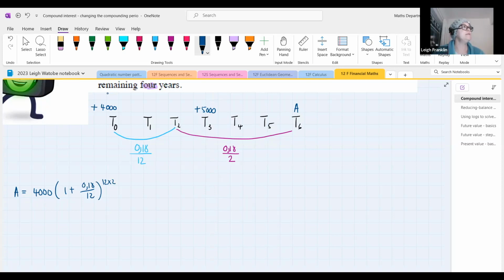But the money stays in the account. She doesn't take it out. She leaves it there. So I'm going to do for the next year from T2 to T3 with the interest rate changes, I am going to change that by multiplying by a new bracket because this amount of money stays in the account and now it gains interest at that interest rate.